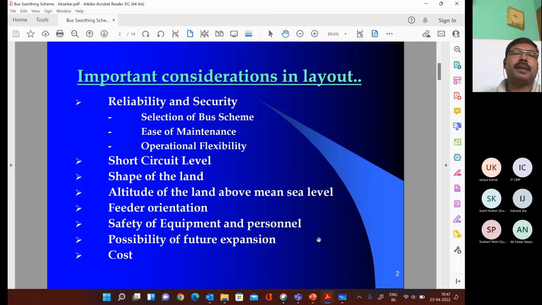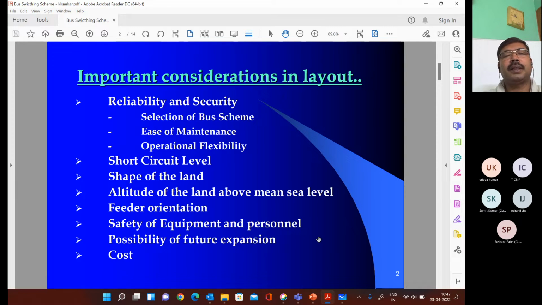Then short circuit. If there is a fault in the power system, there will be a heavy short circuit current, and everywhere there is a short circuit level. And again, the shape of the land. If some bus switching scheme was adopted and a layout has been developed, it may not be accommodated in the land available, especially in hilly areas where land is limited or constrained because of litigation.